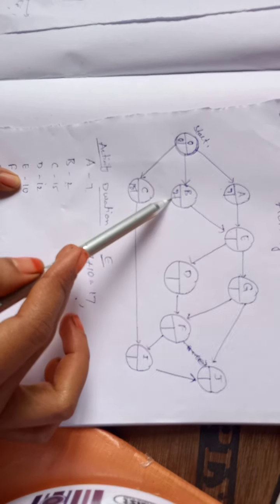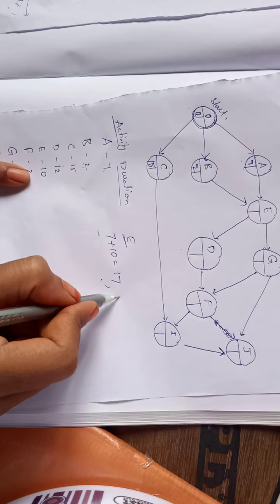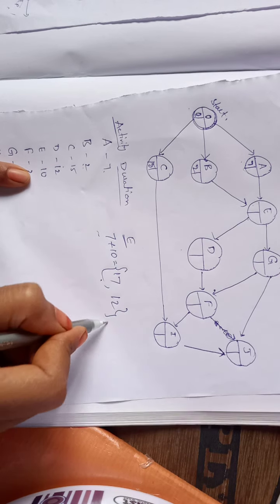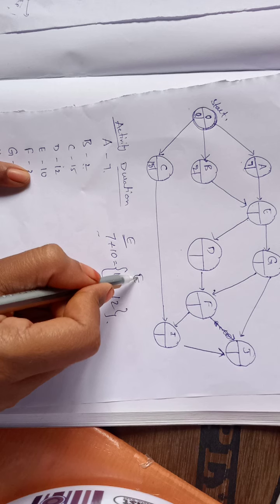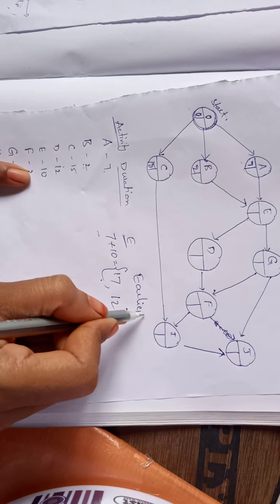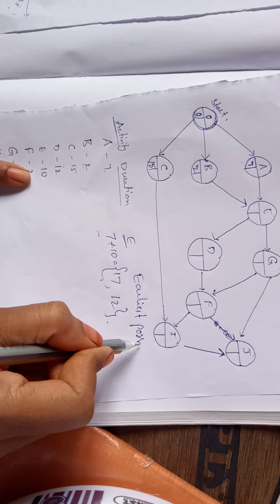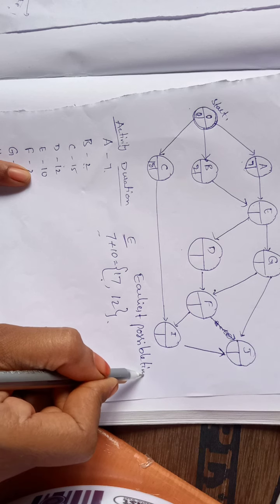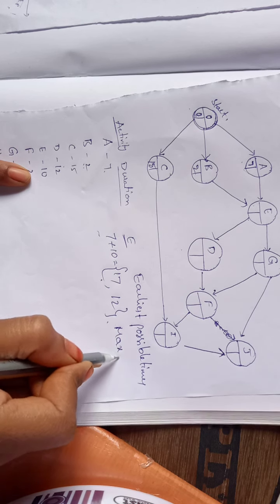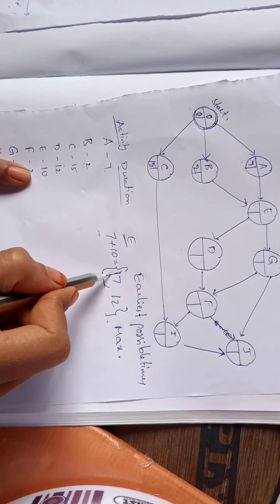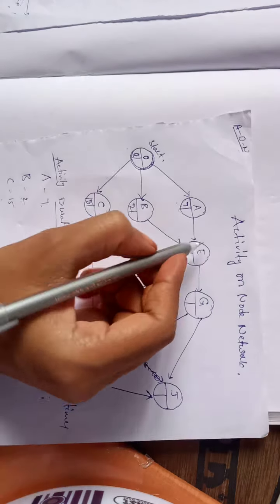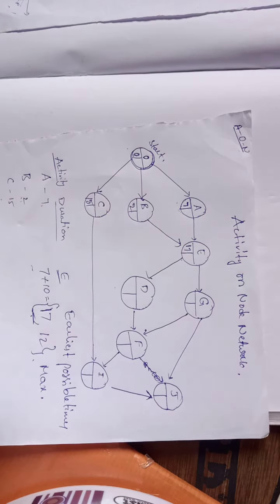From B, it means 2 plus 10, which is 12. As I said earlier, for our earliest possible times we need to take the maximum value of these two. So I am going to take the maximum value, 17, for activity E.